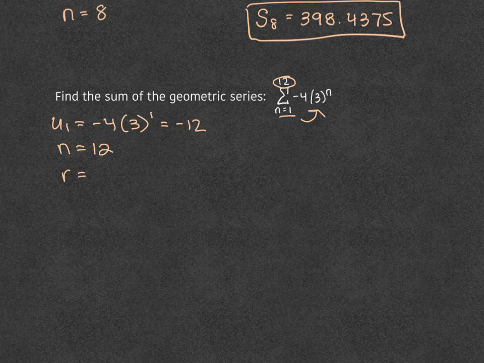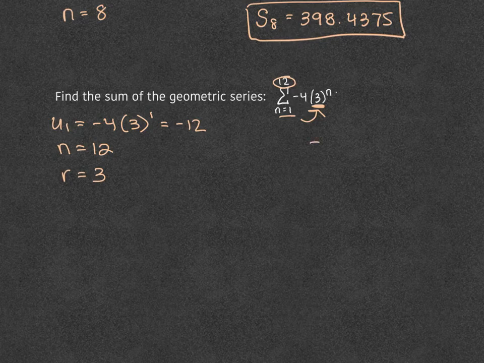So to find r, we're going to look at our equation. This form should look pretty familiar to you. I know there's not n minus 1 here, but this 3 is the number that's getting multiplied more and more each time, so that 3 is your common ratio. So r would be 3. If you weren't positive, I know there's not a minus 1 here, so maybe that threw you off. What you could do is just plug in a couple of terms and then find the ratio that way.